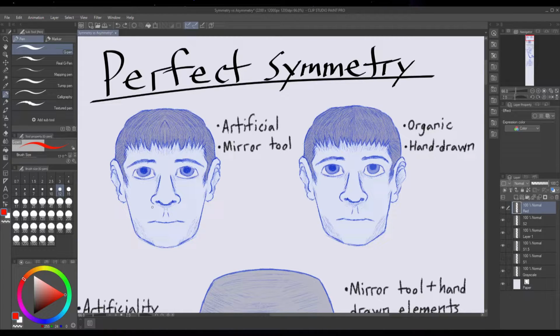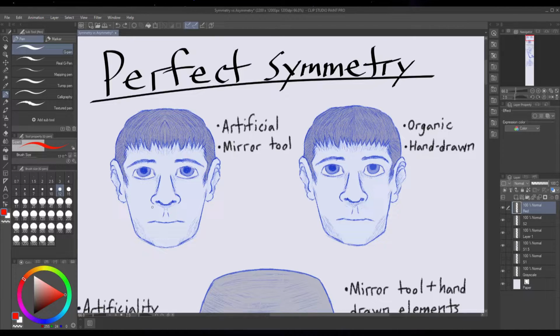If you look at some faces, maybe of celebrities or photos of family members, a person's face is not perfectly symmetrical. You'll notice little details that are slightly off from one another.